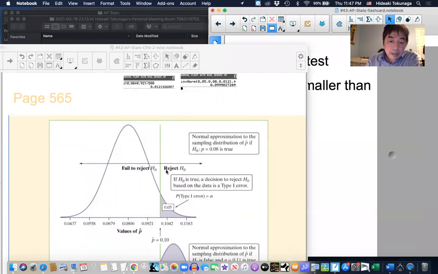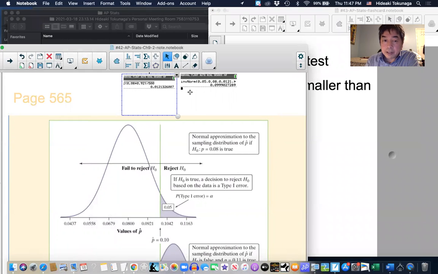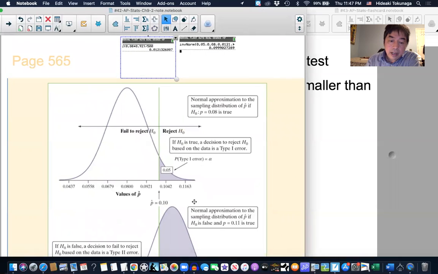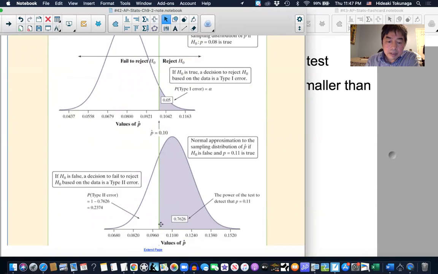But anyway, this is the standard error, SE, okay? Now, SE is going to be here. That is the cutoff line for type 1 error. So if you move to the same line here, p hat is 0.10.